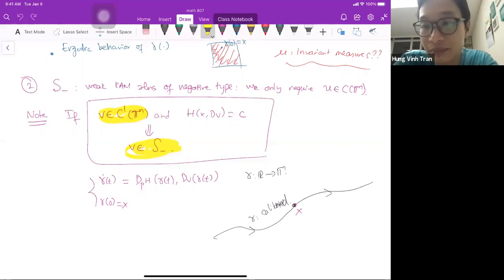But this is really important. Finding gamma is a big deal.